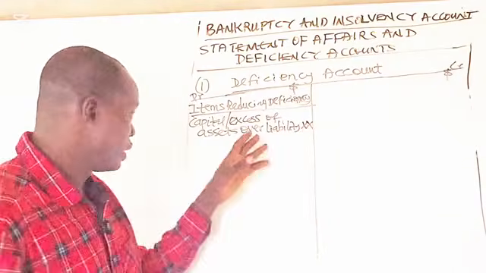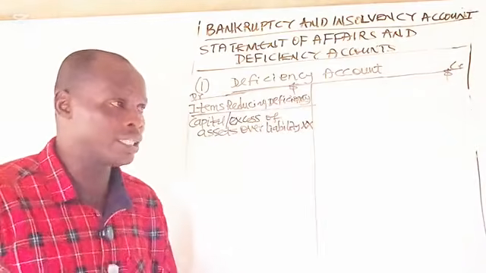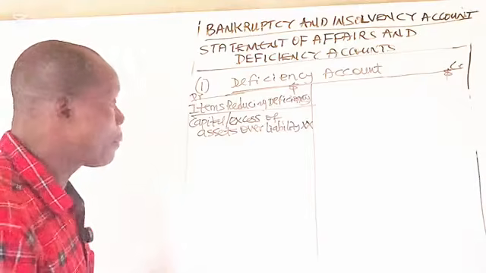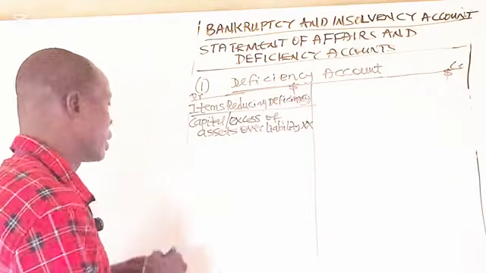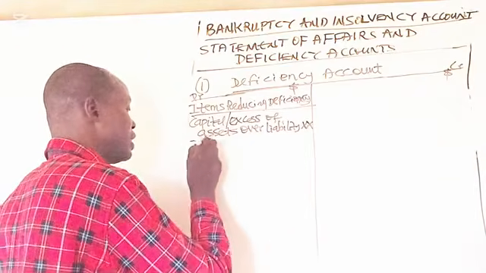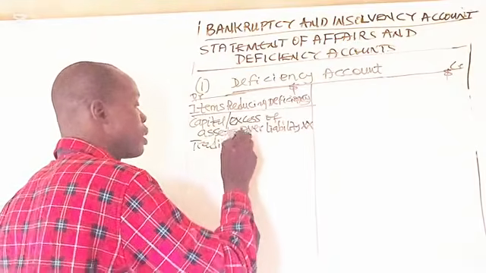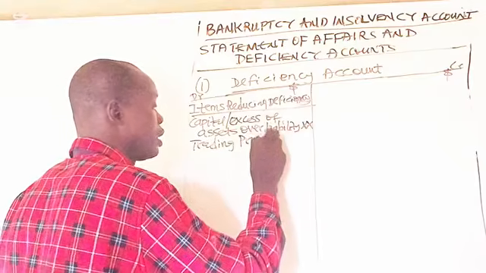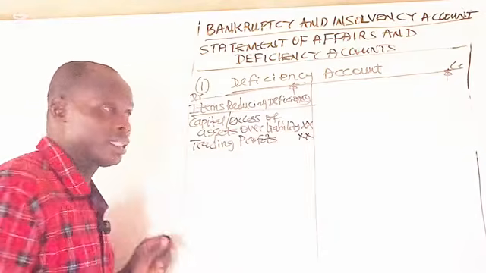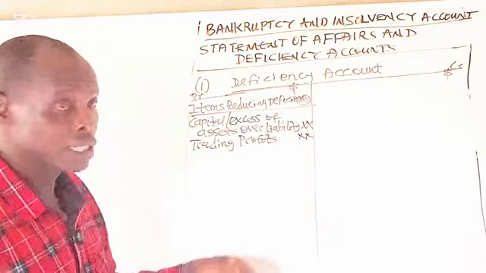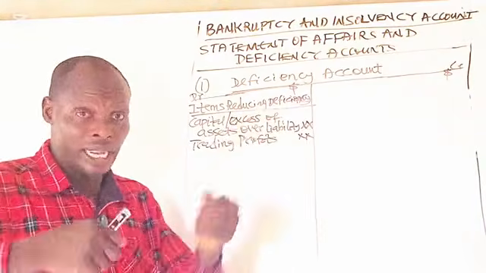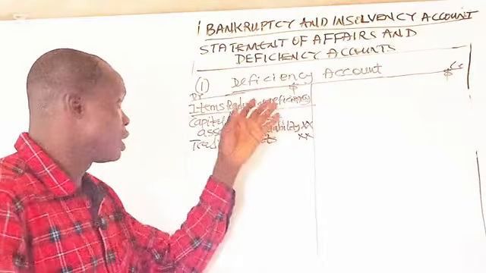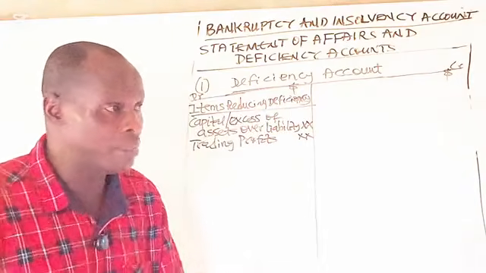That will reduce deficiency. Now, if you have trading profit, that is profit from trade or business. If a business makes profit, the profit will reduce the debt. The profit will lead to reduction in deficiency of that business.